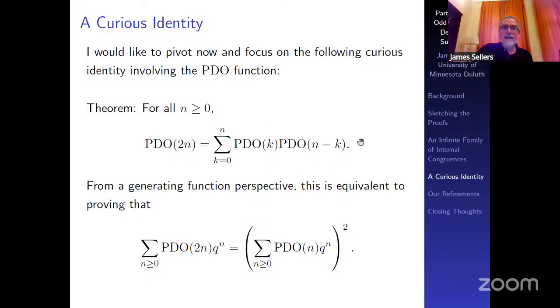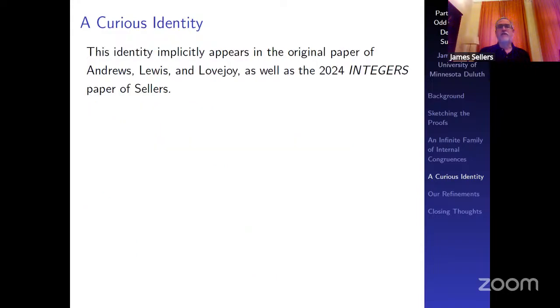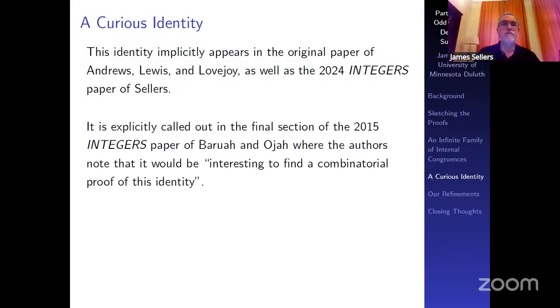So that identity, at least from the world of partitions, in my opinion, is really intriguing, or what I called a curious identity. This identity actually appears implicitly in the original Andrews-Lewis-Lovejoy paper. It also appears implicitly in my Integers paper from last year.